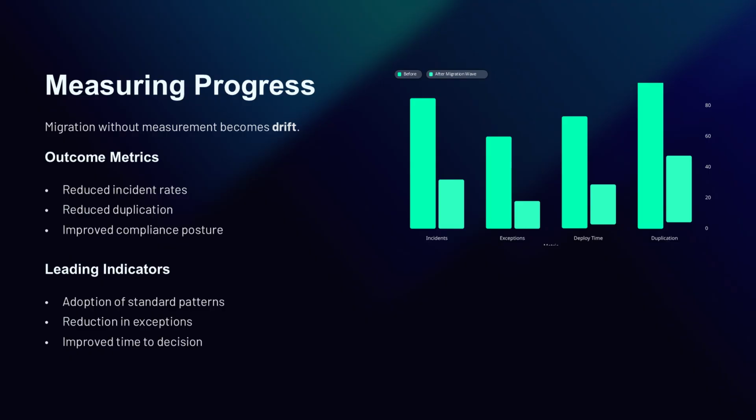You also measure leading indicators such as adoption of standard patterns, reduction in exceptions, and improved time to decision. These measures give leaders confidence and help you adjust sequencing when reality changes. In phase F, measurement is part of governance because it tells you whether the plan is working and whether the enterprise is moving toward the target direction.